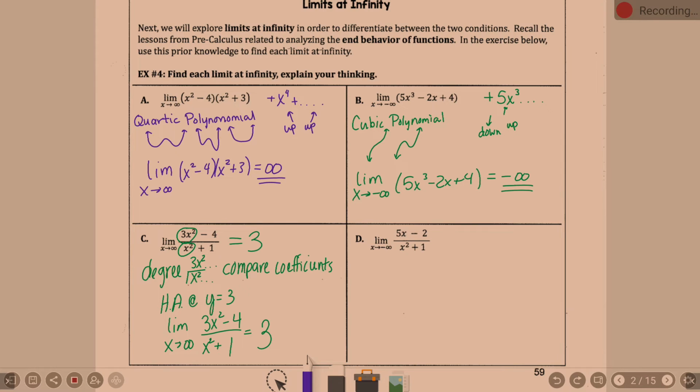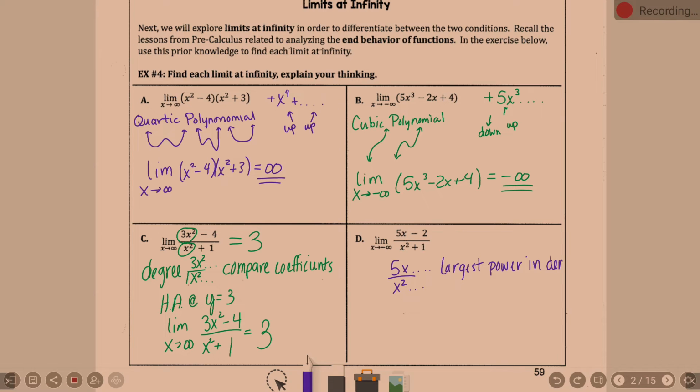Okay, D. The biggest powers are on the bottom. So when we look at the powers, 5x over x squared, what do you know when the largest power is in the denominator?